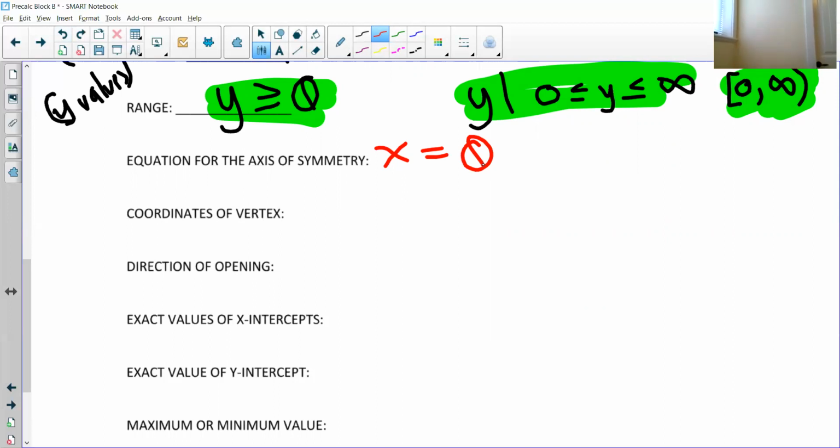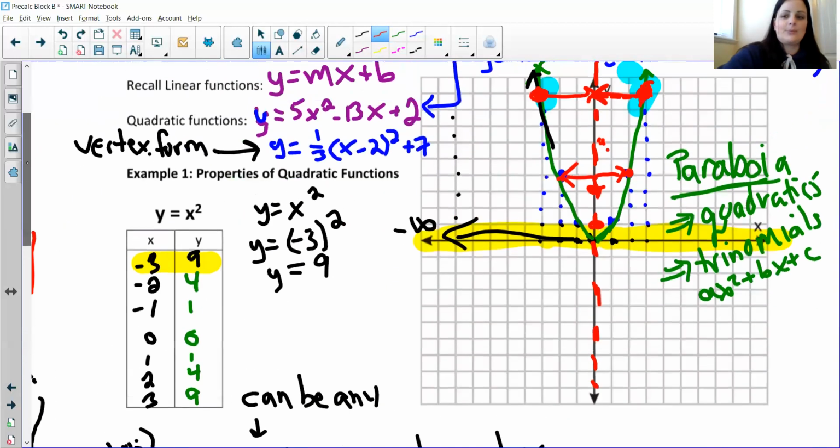All right. So the coordinates of the vertex. Going over some basic parabola jargon here, the vertex is either the lowest point possible on a parabola or the highest point possible on a parabola. It will never be both.